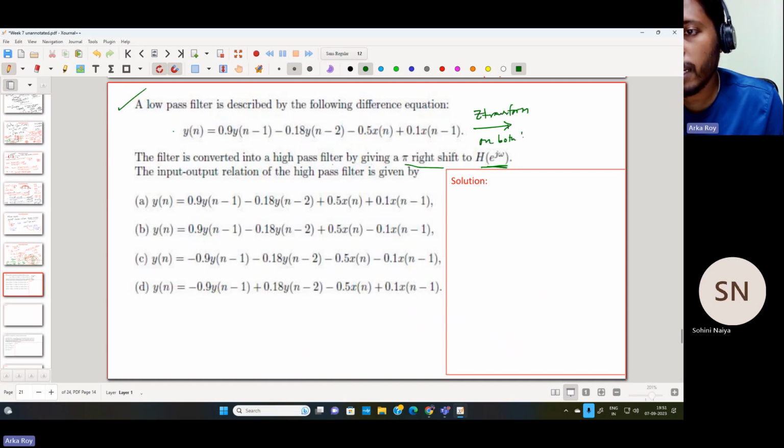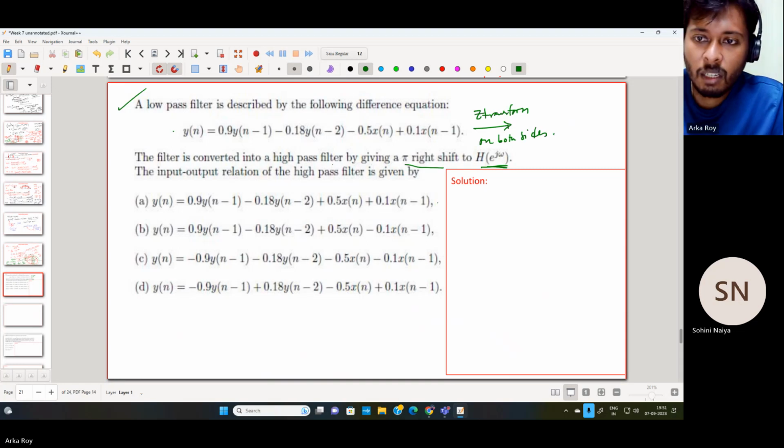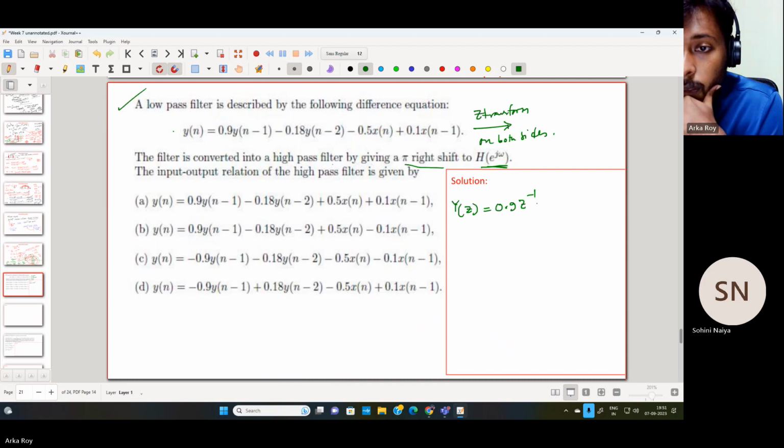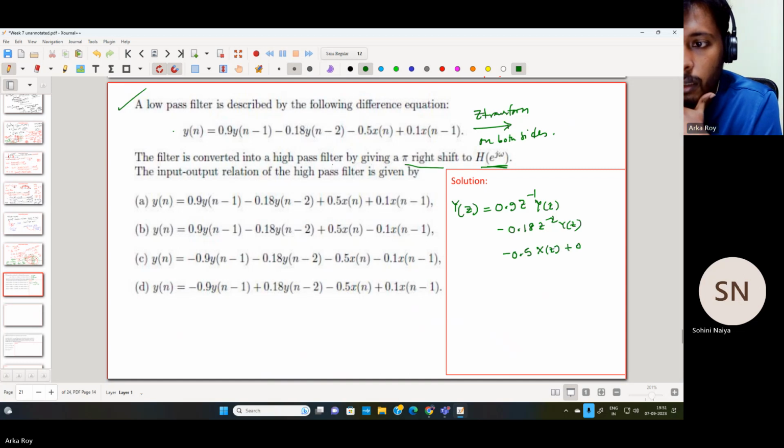on both sides. So I will get Y(z) equals 0.9 z^-1 Y(z) minus 0.18 z^-2 Y(z), 0.5 X(z), 0.1 z^-1 X(z).